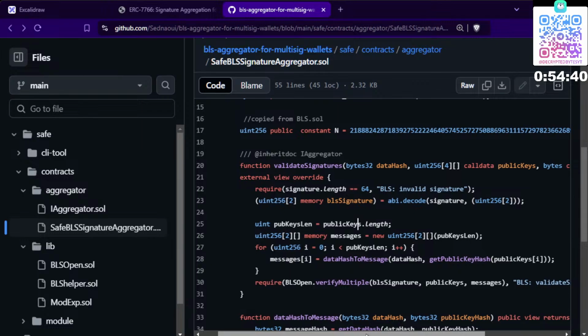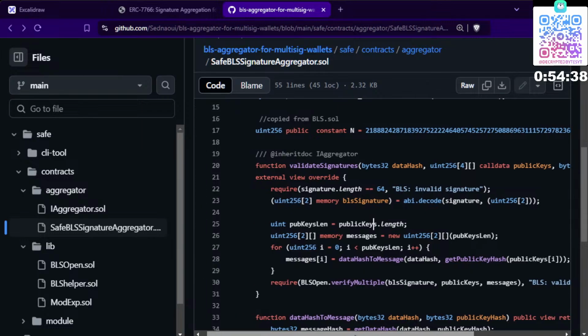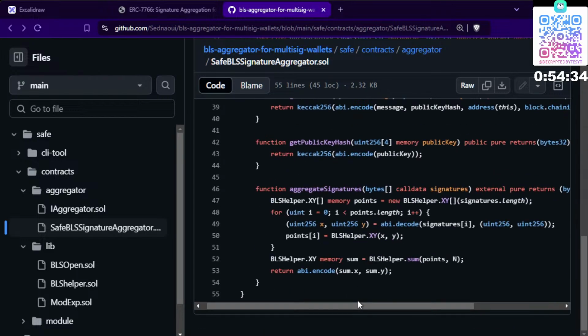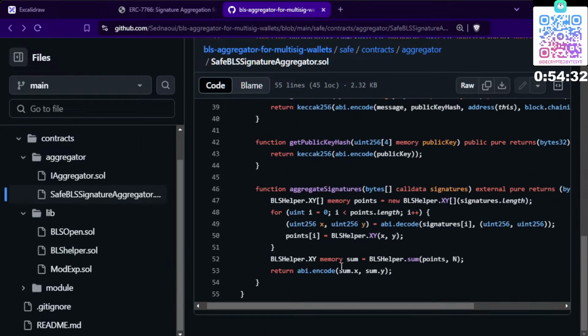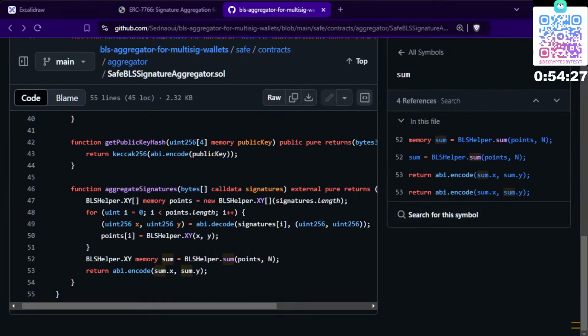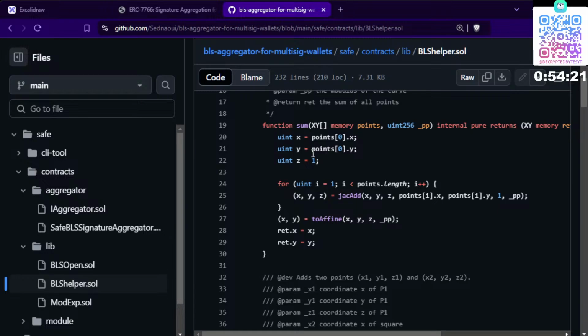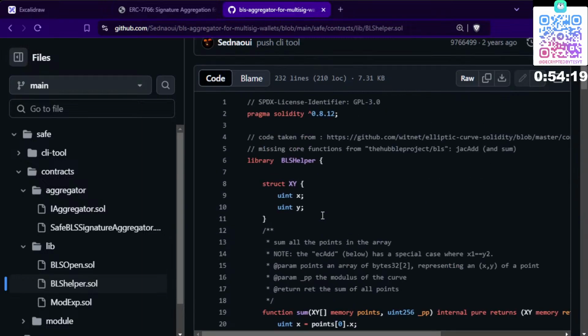We know in the aggregate signature we already saw it returns sig sum x dot sum y. So this is using helper. Sum, this is the sum of all points in the array.